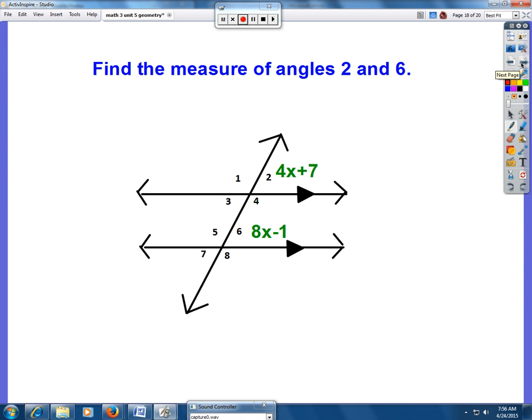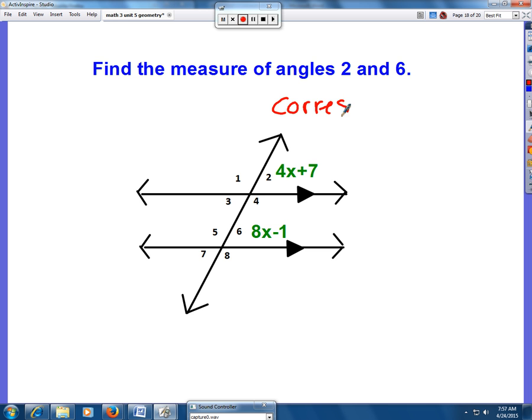What if I'm given an expression and I need to solve for x to get the angles? Well, 2 and 6 are corresponding angles because they're both above the parallel line on the same side of the transversal. Corresponding angles are congruent. So that means I set them equal and solve.